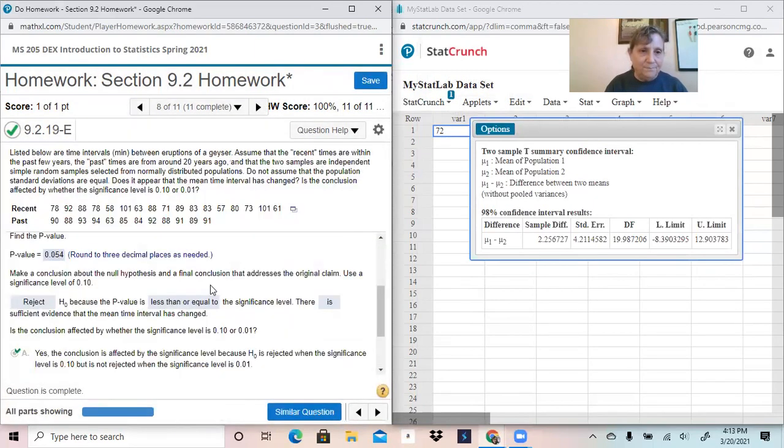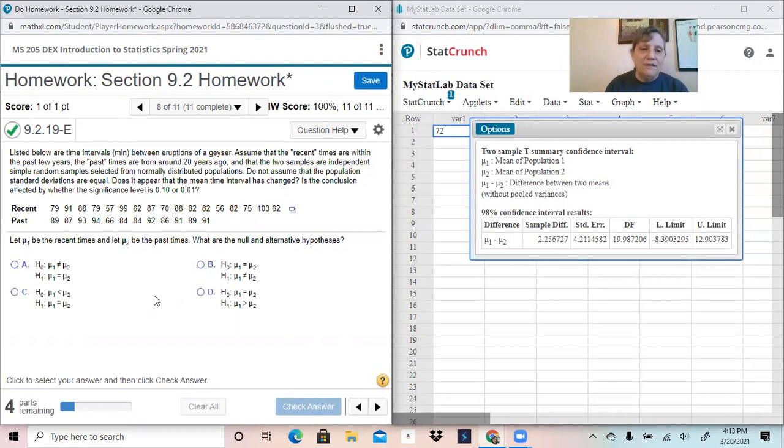One more problem. Here, I'm only going to show you how to set this up and get your data, because the rest of it is exactly the same as the rest. We have time intervals between eruptions of a geyser. Assume the recent times are within the past few years, the past times are 20 years ago. Assume the two samples are independent, simple random samples selected from normally distributed populations.